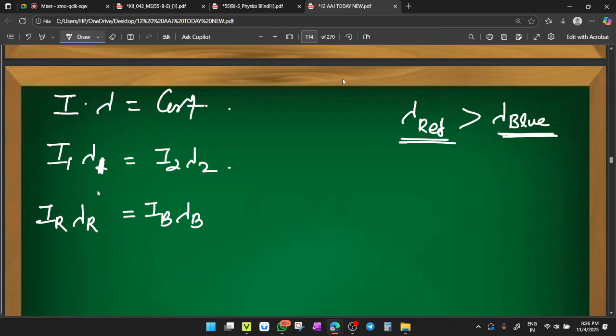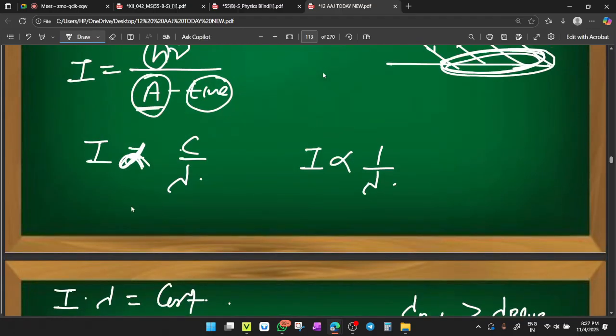So if lambda red is greater, to keep a constant value, the intensity of red color will be less. Let me make it more informative. I into lambda equals constant.